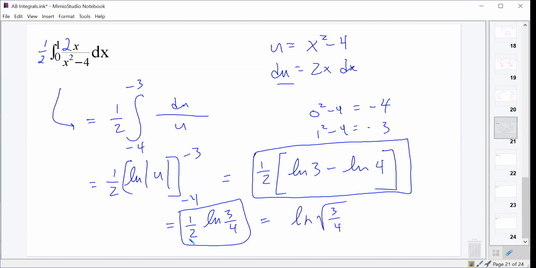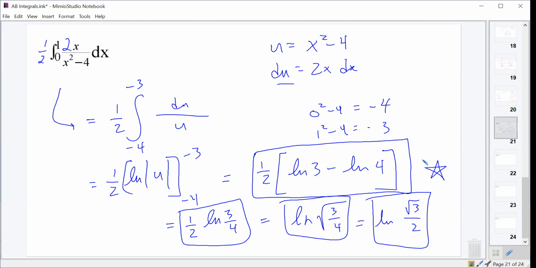Because if you have a coefficient in front of the logarithm, you can bring it in as a power, and the power of 1/2 is the square root of 3/4. You might see that. Or you might see that simplified, natural log of root 3 over 2. Or you might see natural log of root 3 minus natural log of 2. You can see all kinds of different ways. So just be able to manipulate these also, in case it's a multiple choice question. If it was a free response, they'd take any of those answers.